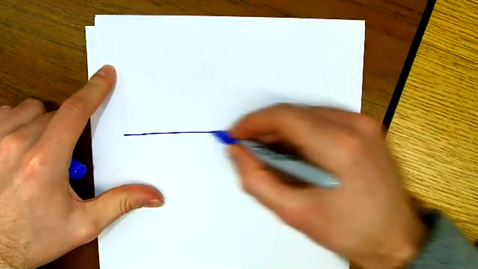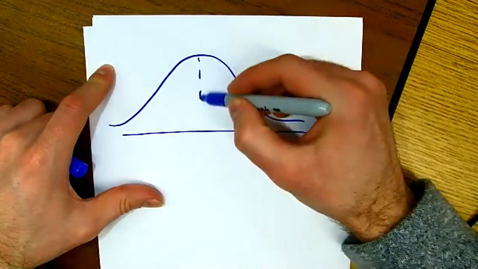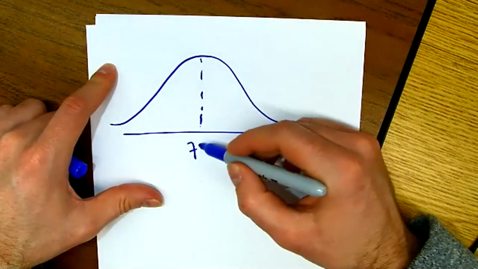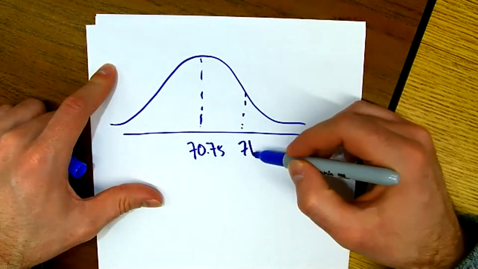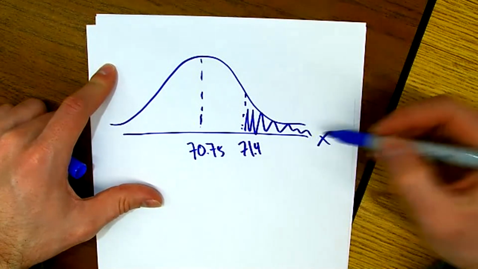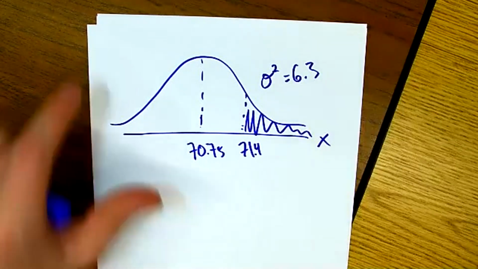So what we're looking for here is we've got this variable x, which represents temperature in June. The average is 70.75. We were asked to find the probability that it's greater than 71.4. And I think the variance was 6.3.